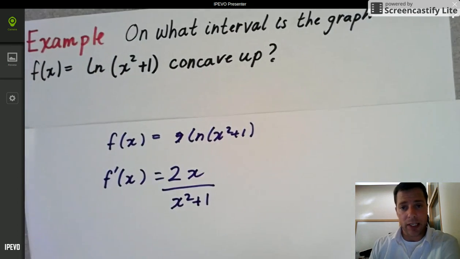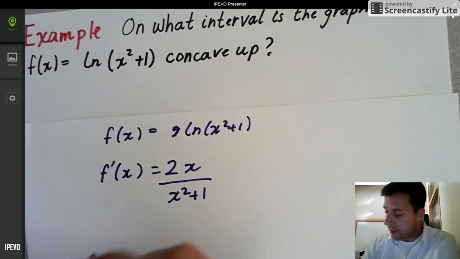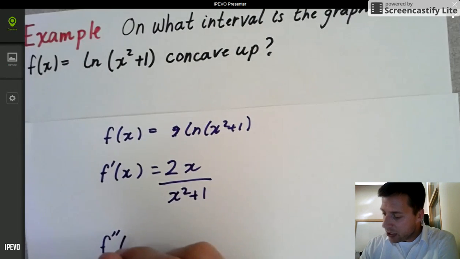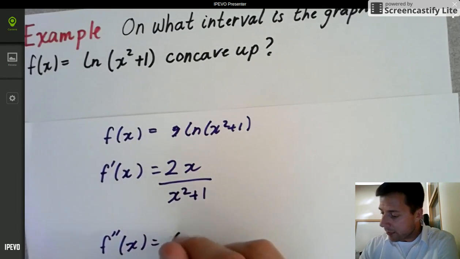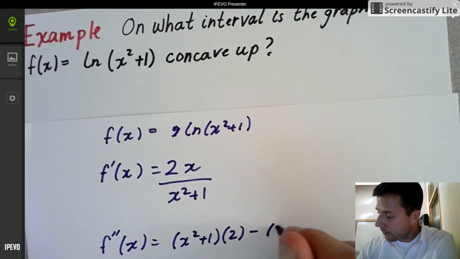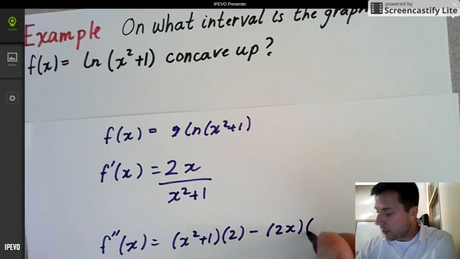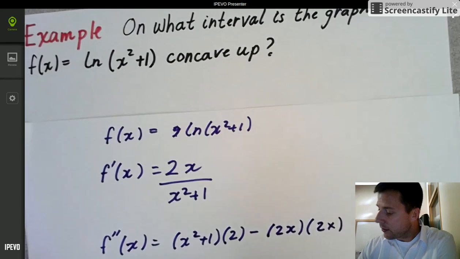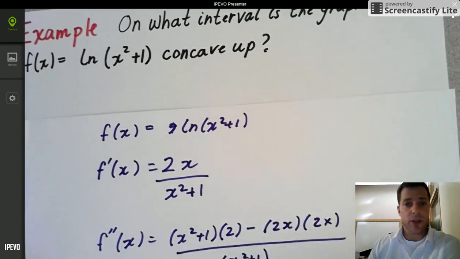Now, unfortunately, it's a little bit more challenging to find the second derivative. We've got to use the quotient rule. So I go ahead and say bottom times the derivative of the top minus top times the derivative of the bottom, which is 2x, over bottom squared. So there's the second derivative.